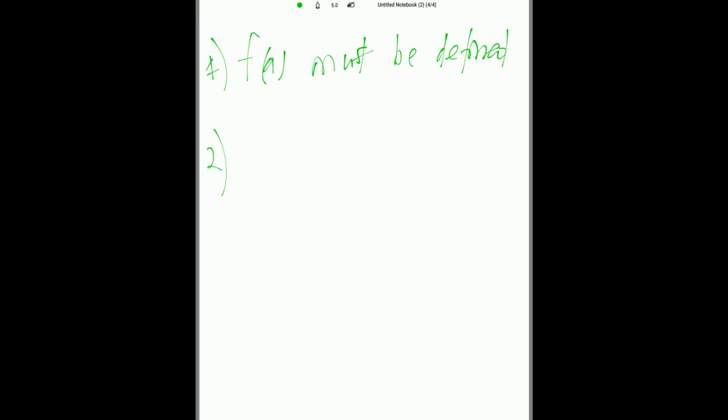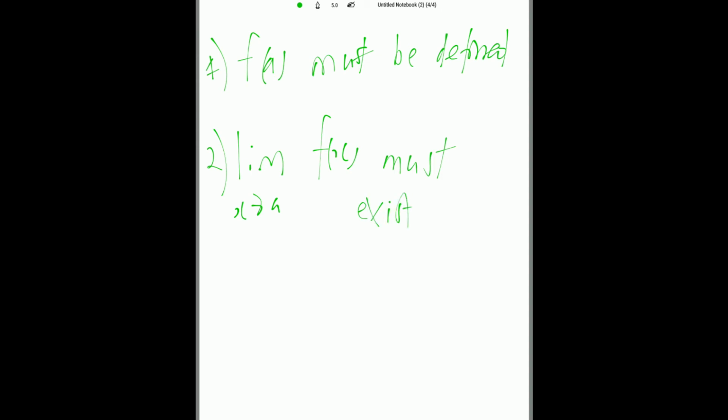We also note that the limit of that function as x approaches a must exist. If it does not exist, as we showed in the case of the right hand side not being equal to the left hand side, or the infinite discontinuity, then the function is not continuous. So the limit of f of x as x approaches a must exist.